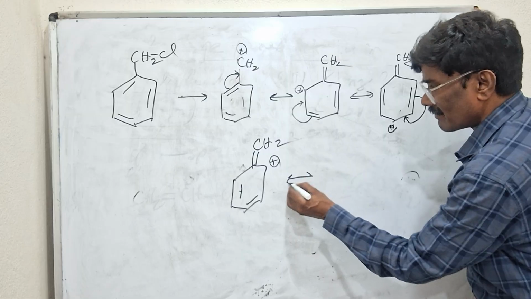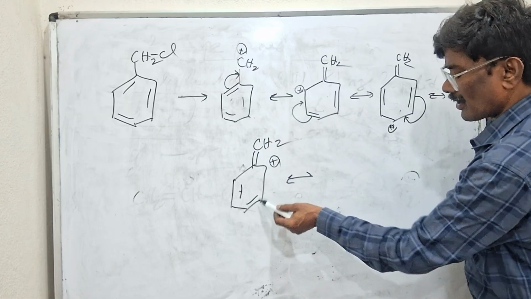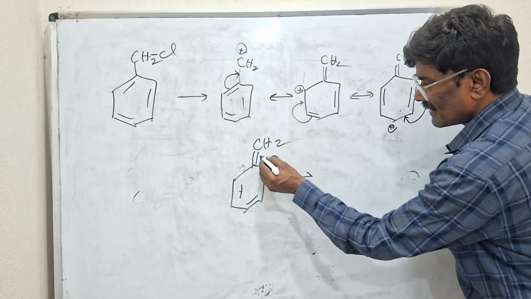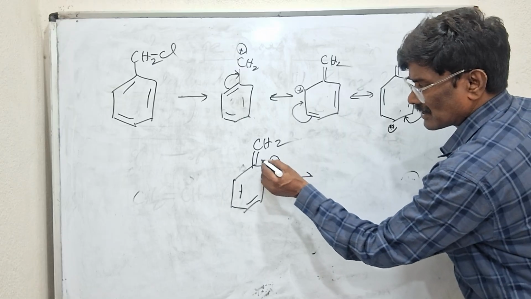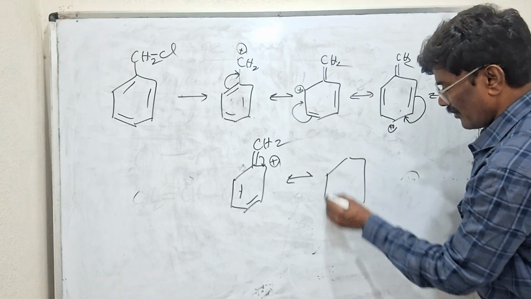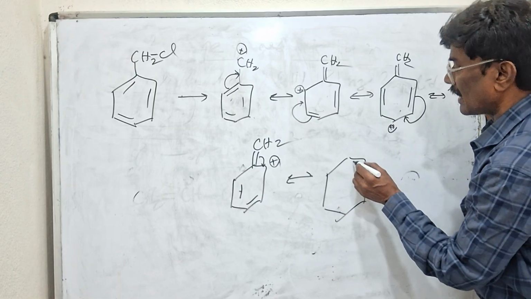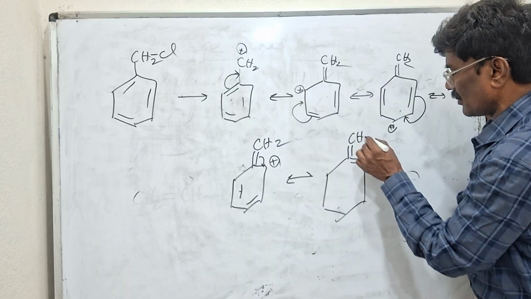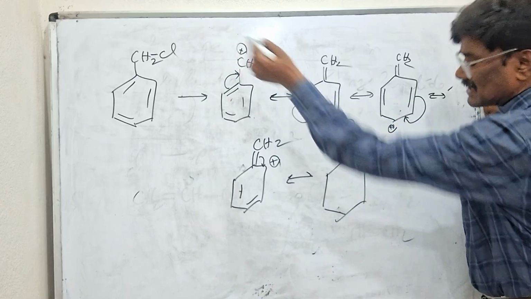Again one more. How many? 1, 2, 3, 4 so far. Seeing this positive charge, these pi electrons come to this side. As a result, we again get a positive charge here, like the first structure.